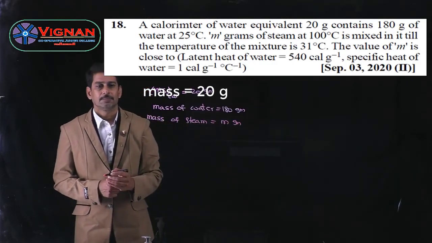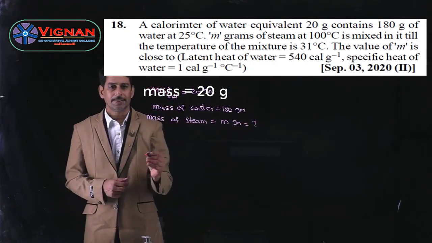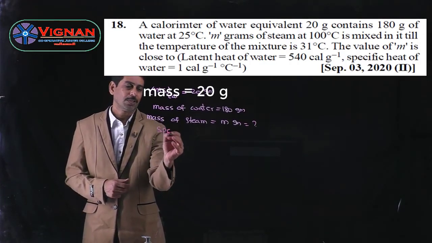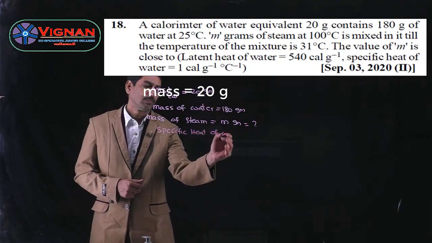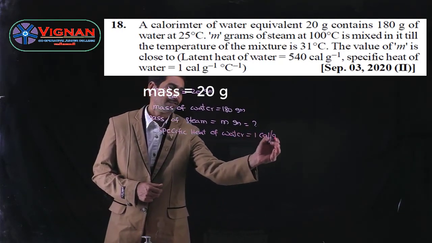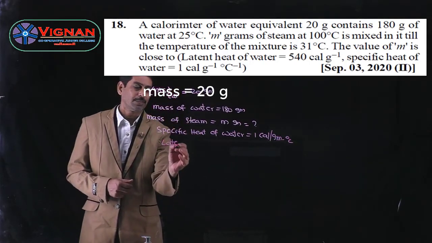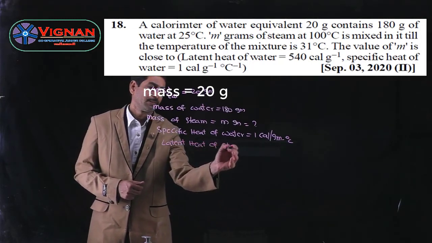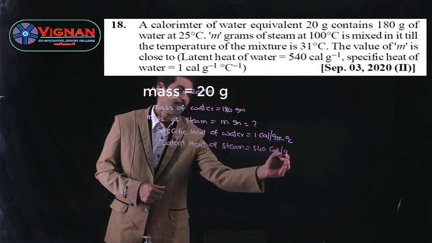We are going to find the value of M. Latent heat of steam is given as 540. The specific heat of water is given as 1 calorie per gram degree centigrade, whereas the latent heat of steam is given as 540 calorie per gram.